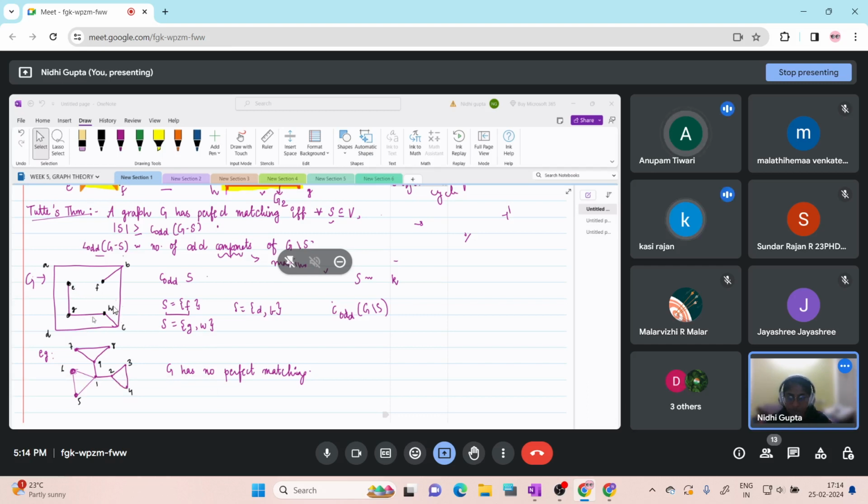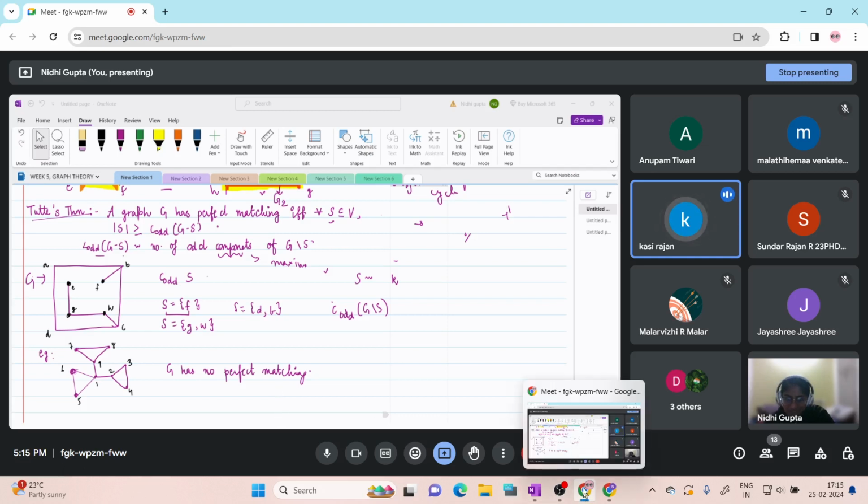Odd component means we have to count the vertices. If you remove F, the resultant graph will have some components. Basically every graph has components, so you have to count the number of odd components. Yes, one.